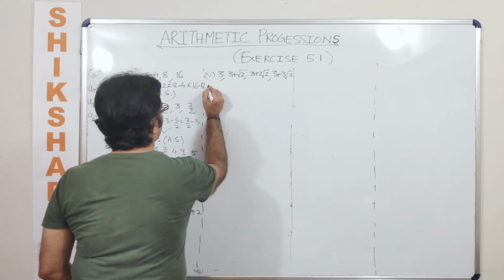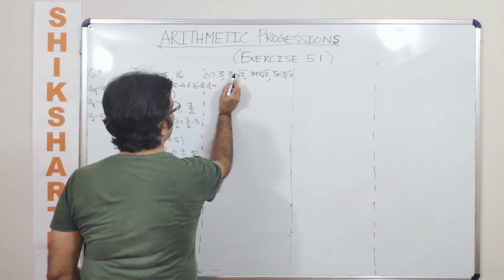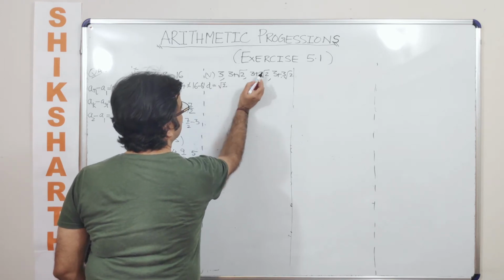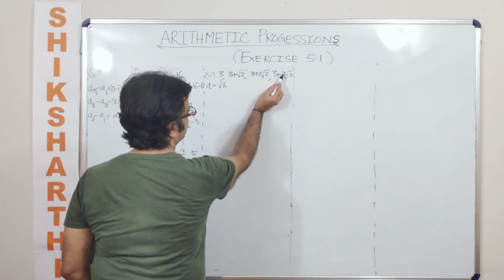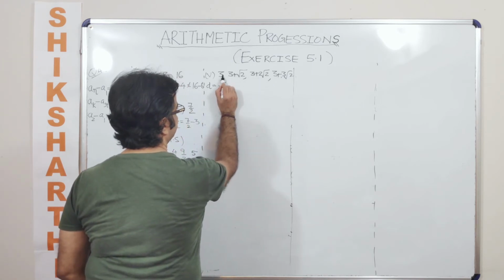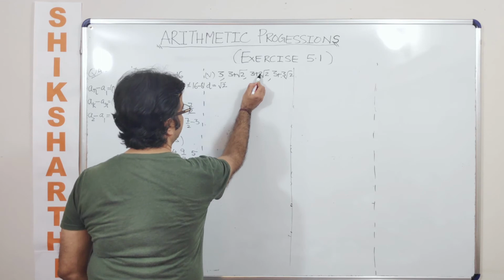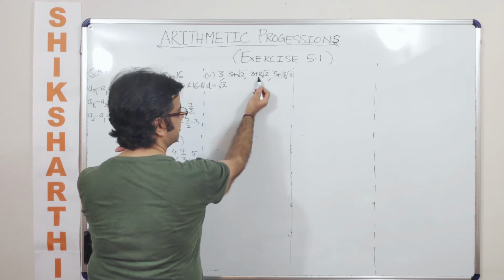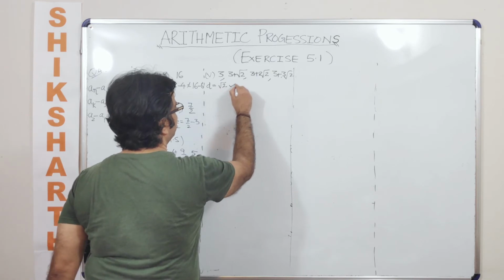Okay, now in order to find out the common difference, this minus this gives me root 2, this minus this gives me root 2, and this minus this. So the second term minus the first term gives me root 2, the third term minus the second term gives me root 2 again, and the fourth term minus the third term gives me root 2 again. So it should be an arithmetic series.